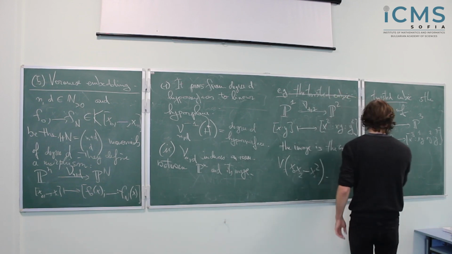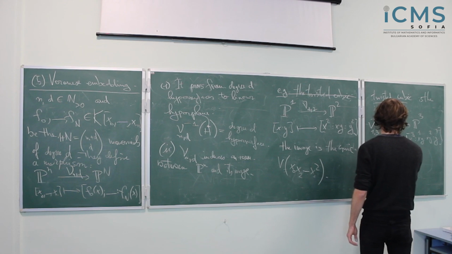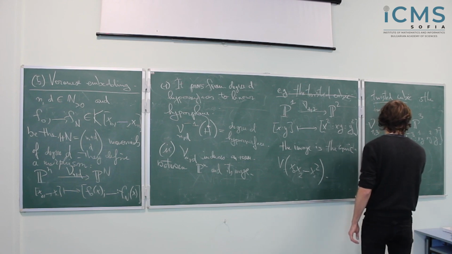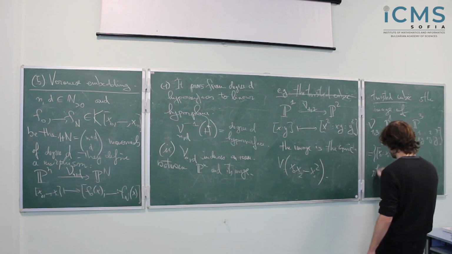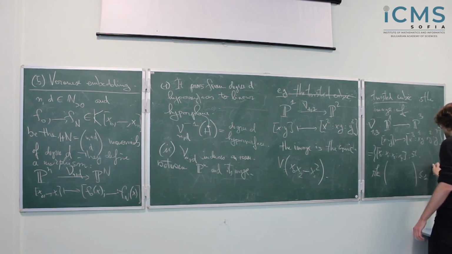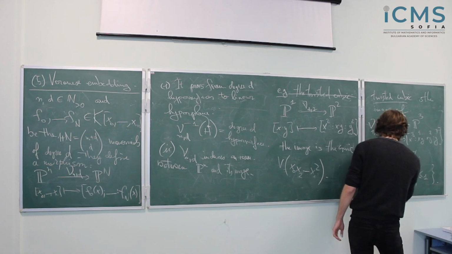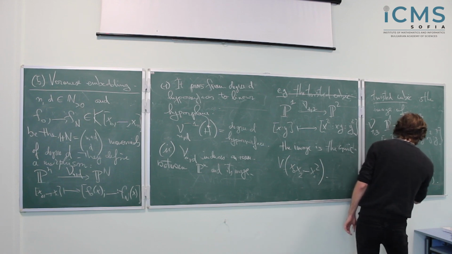And you can also see it as the set of homogeneous coordinates such that the rank of a certain matrix is less or equal to 1. So this will be x0, x1, x1, x2.